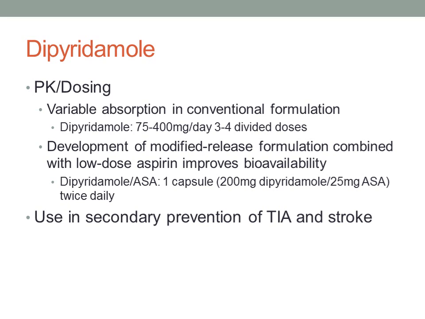Well, the company developed a modified release formulation which combines low-dose aspirin, and it also improves availability. And this is available as what we commonly know as Aggrenox, which is dipyridamole and aspirin combined in one capsule, which you take twice daily. This medication is only approved for the use in secondary prevention of TIA and stroke.